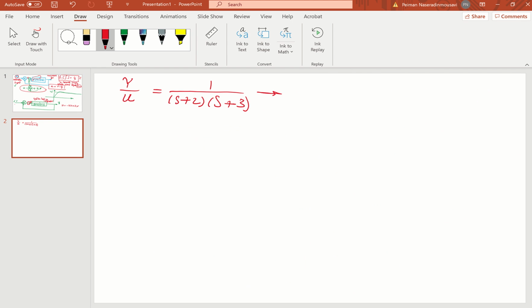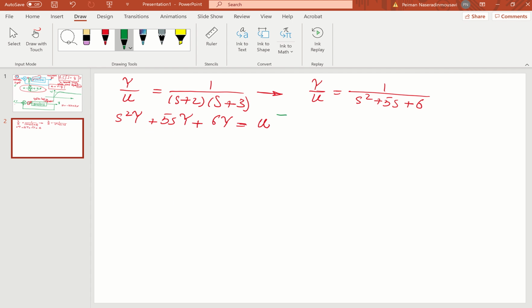So obviously y over u is 1 over s squared plus 5s plus 6, then we will go to MATLAB. So you get s squared y plus 5sy plus 6y equals u.